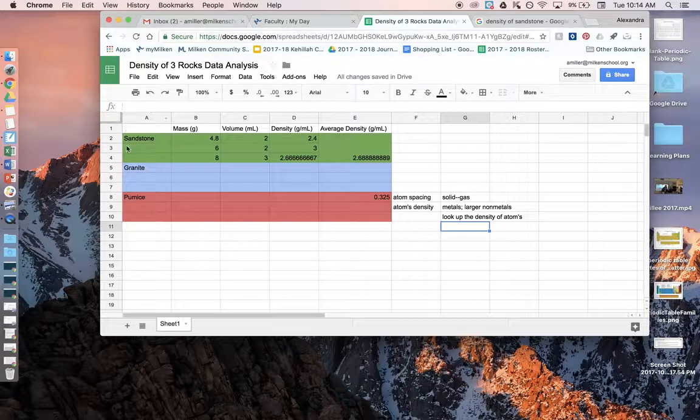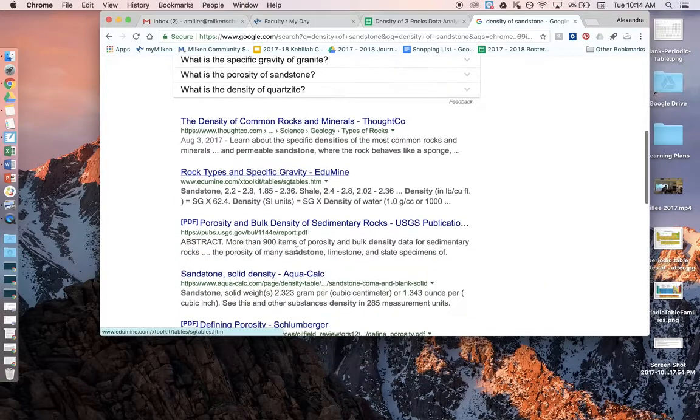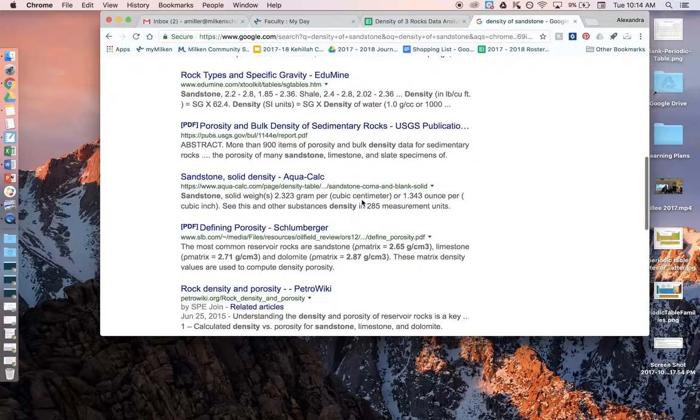Okay, does it tell me what sandstone is actually made of, and are those atoms themselves denser than the atoms that make up pumice? Okay? If you're not sure where to find what the atoms are, then you have questions that you can ask. Let me see if I can find a quick example.